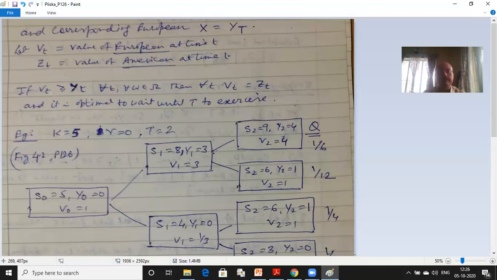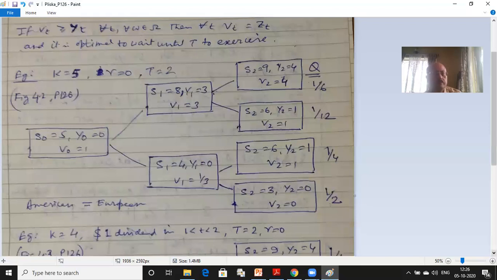Okay, so let us see what happens in this particular example. When I am at stock price 9, of course my Y will be 4 because it is 9 minus 5. The value of the European option is of course 4 because it is going to expire. So I have to exercise if I want to at that point.